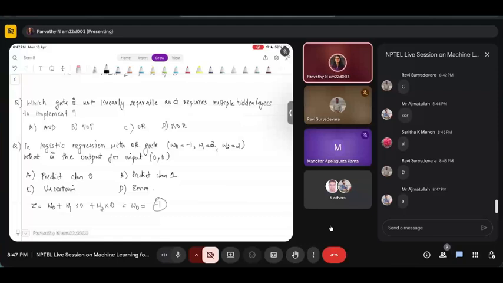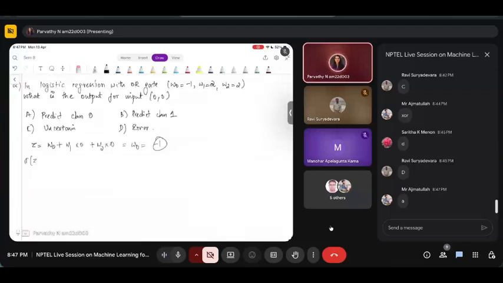So this is logistic regression. Whatever output you get, you have to pass it to the sigmoid. So it is sigmoid of z, sigmoid of -1, which will be around 0.27. This is a value less than 0.5, so it will predict class 0.